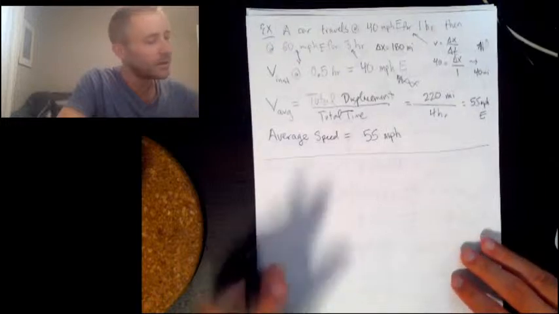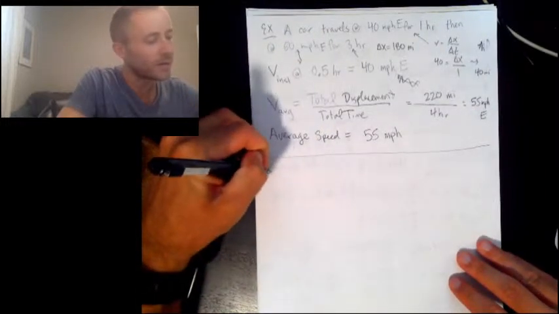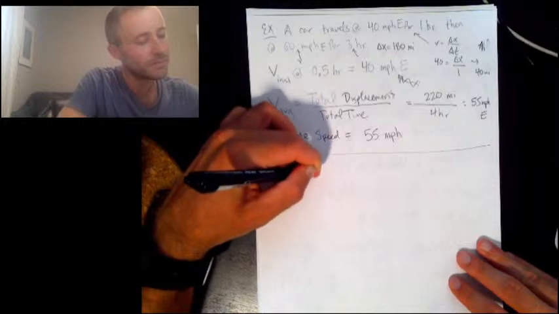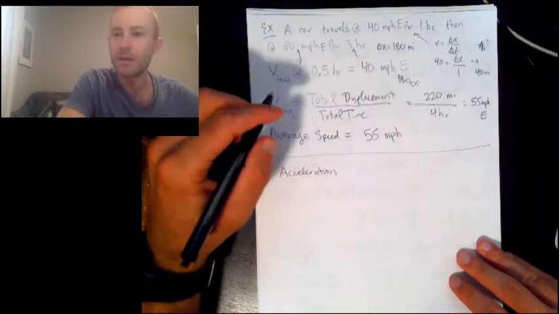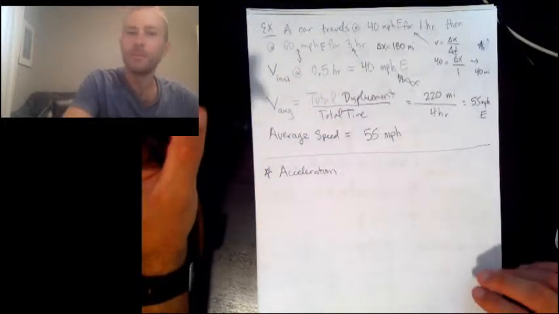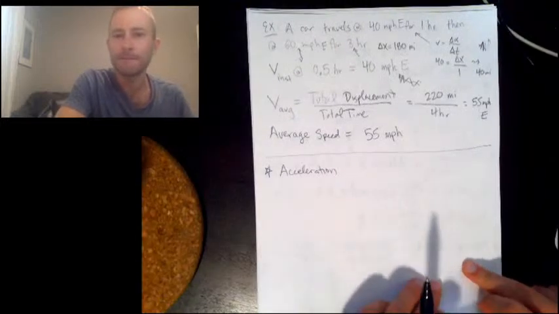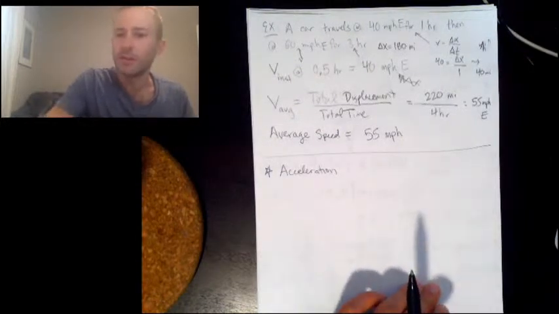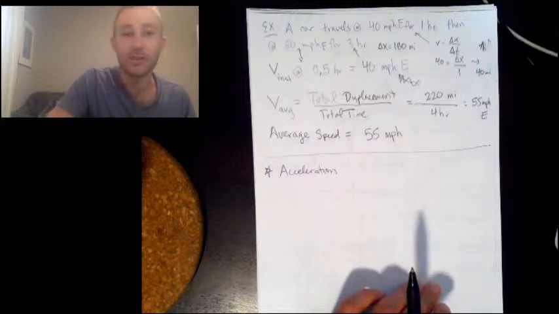And we're going to talk about our last concept for today, which is something called acceleration. Okay, so someone says because the direction is the same throughout, because one direction was used.